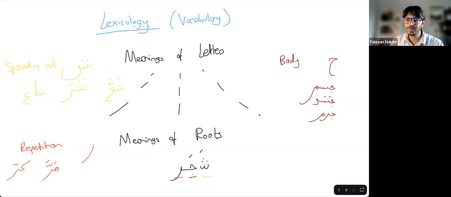Banan, your fingertips. What do you do with your banan? You write. بالبنان نكتب باللسان نتكلم وبالجنان نفهم. The fingertips write, the tongue articulates and speaks, but it's the heart which knows truly.